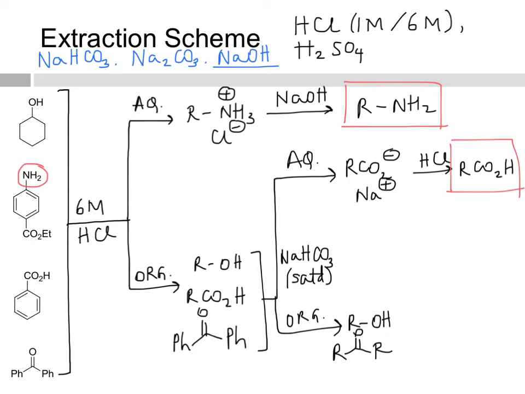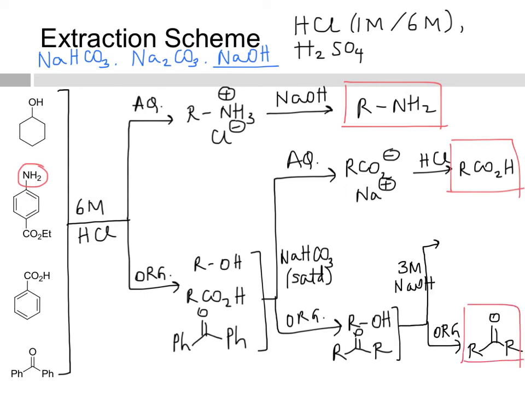So we're treating this with sodium hydroxide. So we can say 3 molar sodium hydroxide. And in our organic layer, we now have purified the ketone, because remember, it's not going to react with anything. So this is our third component that's purified.